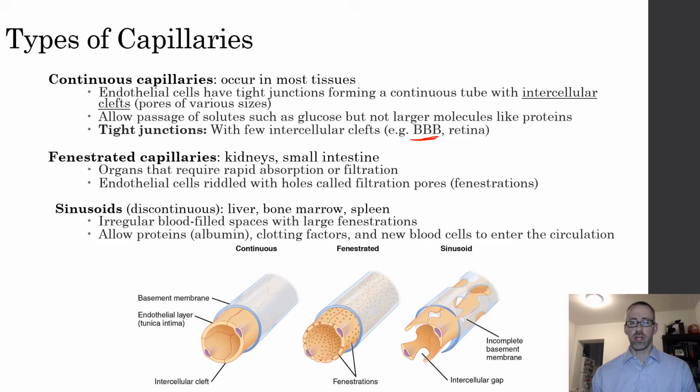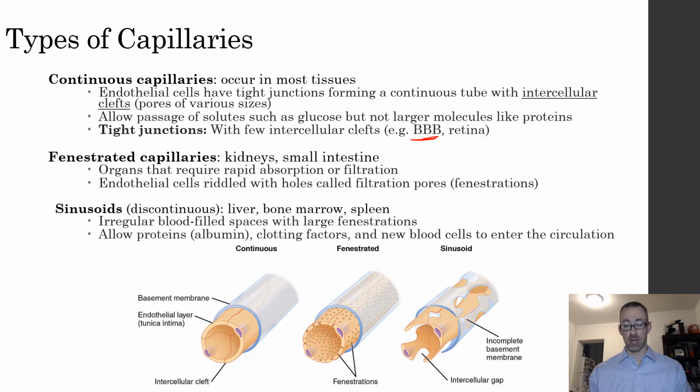Now, with fenestrated capillaries, fenestra means window. So the endothelial cells themselves have windows or pores in them, as well as they can have intercellular clefts. And this allows for the passage of more solutes, more like in bulk, and it would occur in organs where we would want to have more exchange occurring.